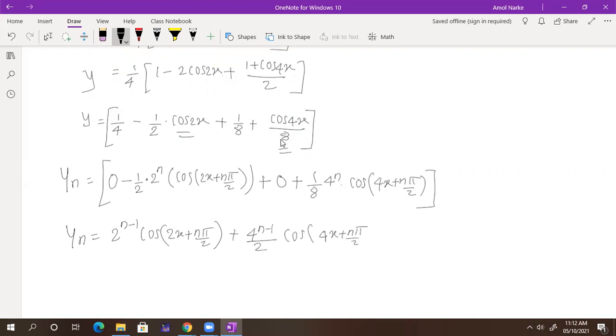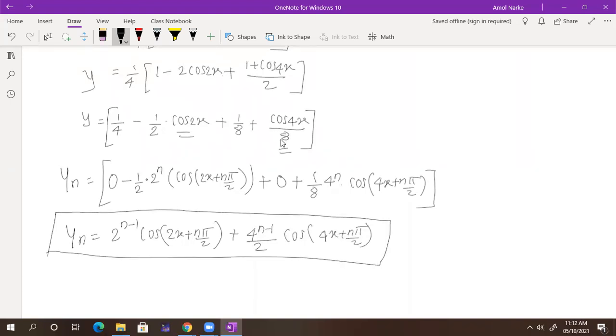That is the answer we are getting. Sir, the minus sign will come in the starting before 2, no? Yes. We have a minus sign here, so I have to give the minus sign here. Good observation. Yes, that minus sign as it is. Okay, so this is what you will get.